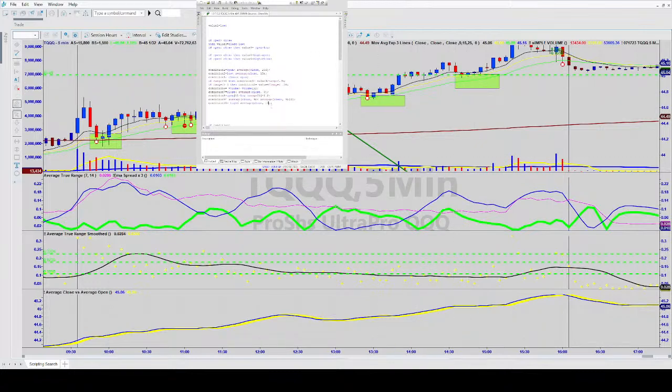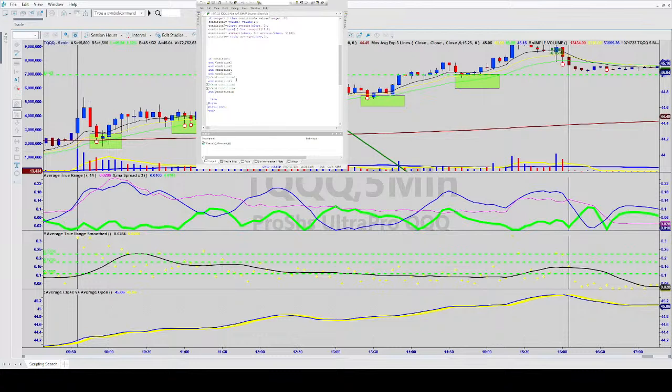So maybe that's, oh, well, first of all, I did 10 EMA instead of 9 EMA, so that might make a difference. All right, let's make this 8 EMA. It's going to make it a little bit sharper. Oh, shucks.